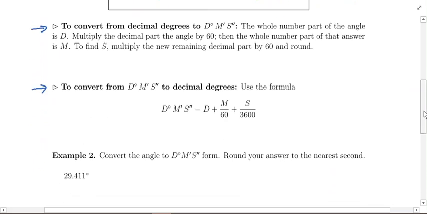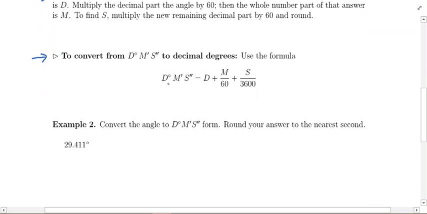So if you were converting from degrees, minutes, and seconds, the D part is how many degrees you have, and the M part is referring to the minutes. There are 60 minutes in 1 degree, so you're going to take the number of minutes and divide that by 60. And then seconds, that's what the S is referring to. You're trying to convert it back into degrees.